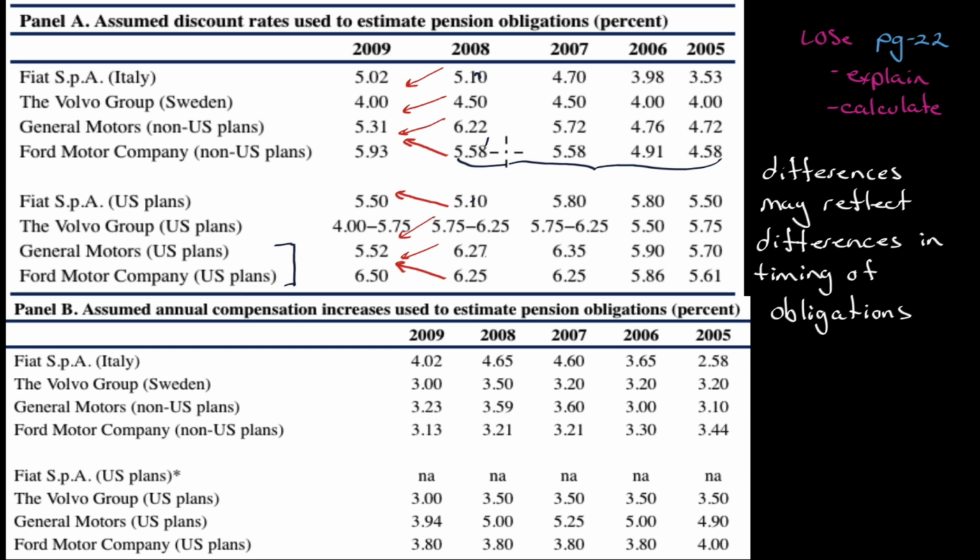So if the timing of your liabilities is 10, 12, 14, 16 years out, you would try to match the discount rate of those future obligations with whatever rate is associated with a bond of that duration. Perhaps Ford has different timing on its obligations. That's one answer that could explain the difference.